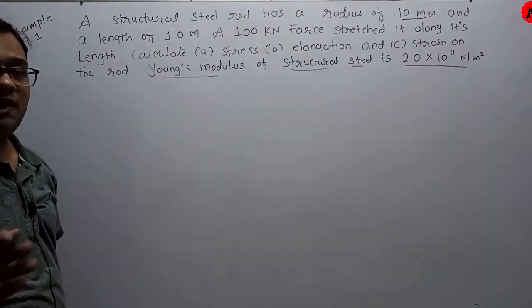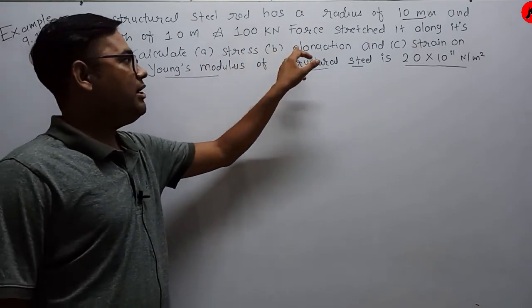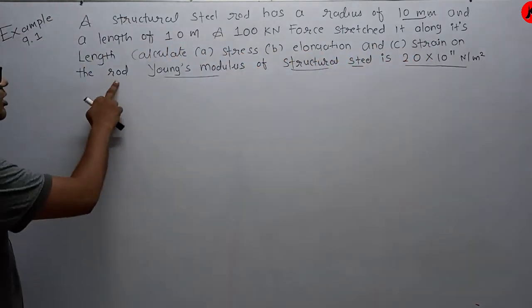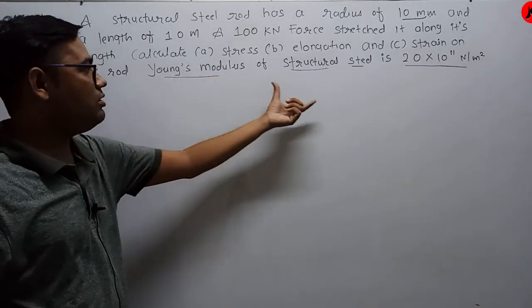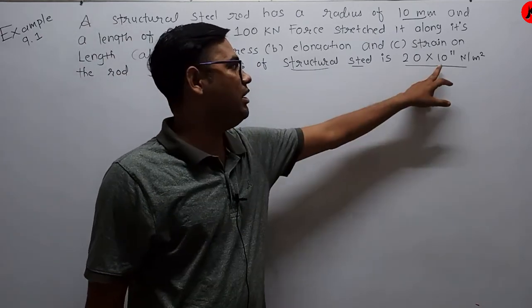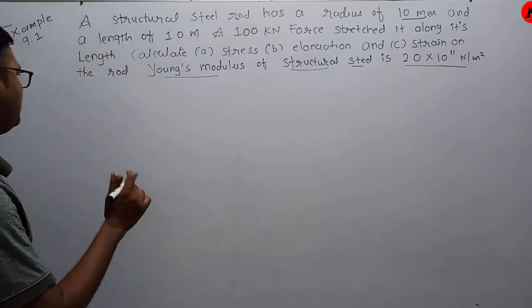And what do we need to calculate? Point A, stress; point B, elongation; and the last point, strain on the rod, right? And we have the Young's modulus of structural steel, which is 2.0 into 10 raised to 11 Newton per meter square, right?